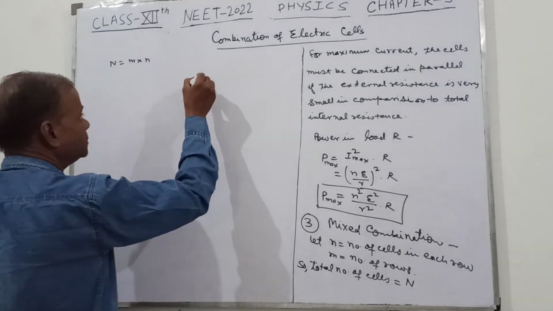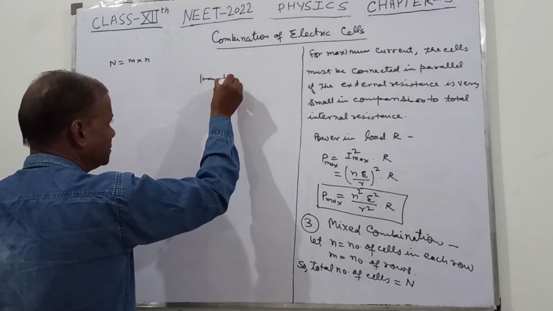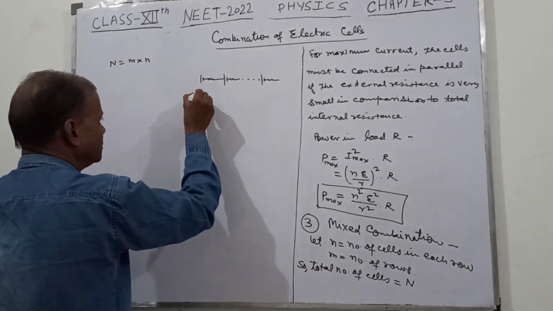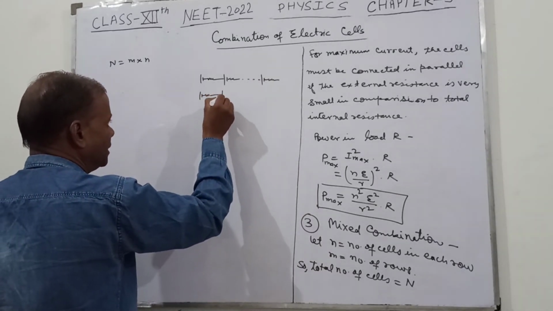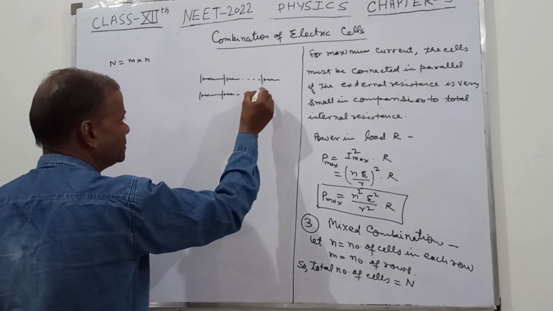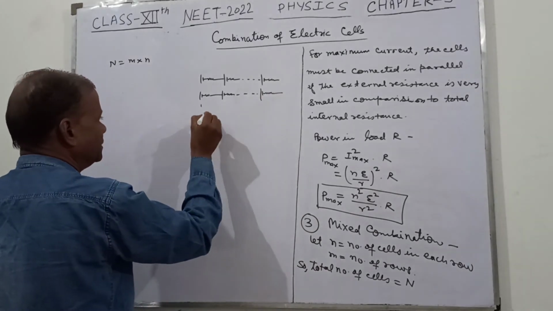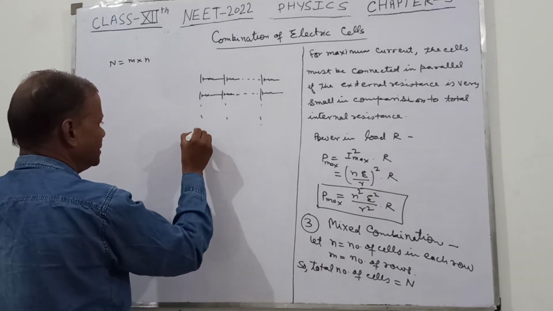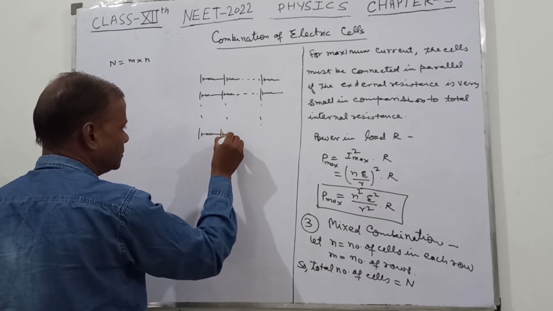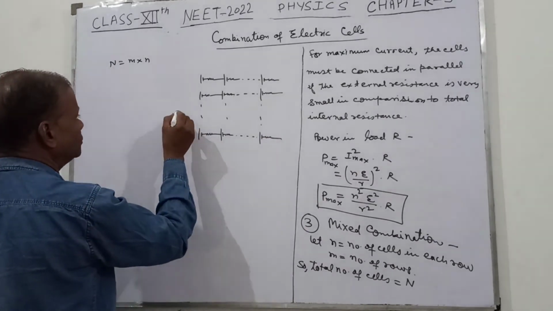So now what do we have? I am connecting cells in the mixed combination, and this continues like this.